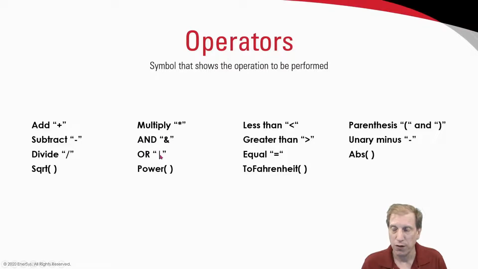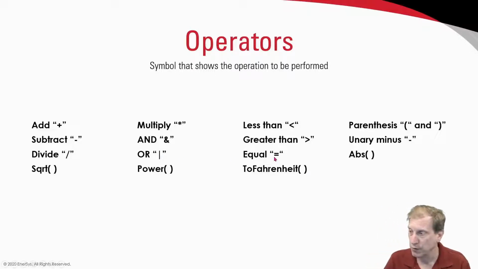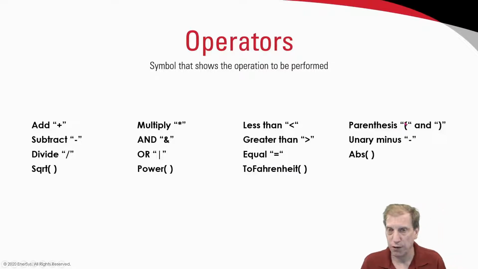Or is a vertical line, so you could be using or statements too. We're going to use both of those today. And then we've got the equal statement too. When we write these, be sure to use parentheses, and I'll show you this in the actual equations. You're going to want to frame up each section in parentheses. All right.